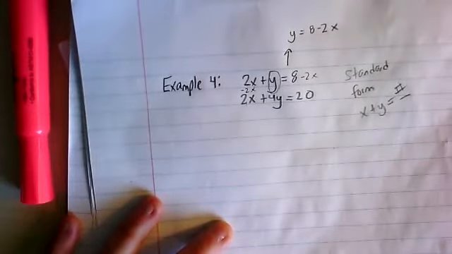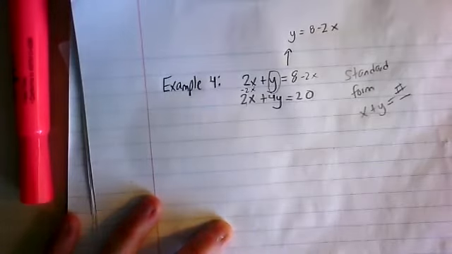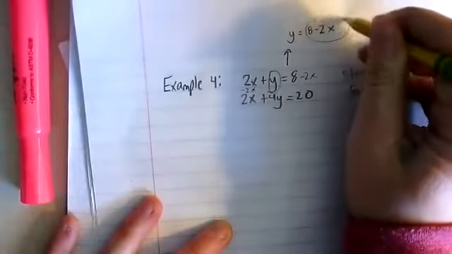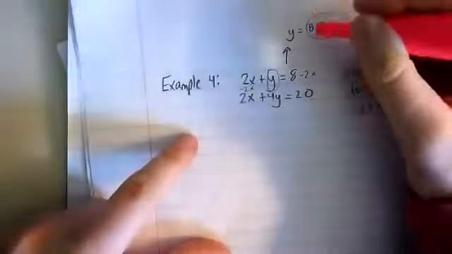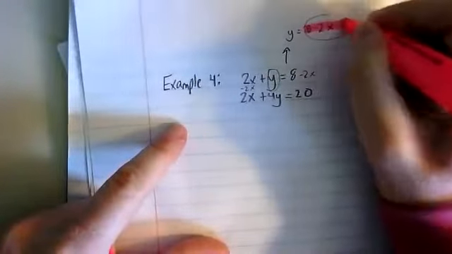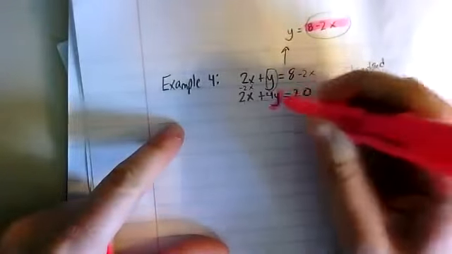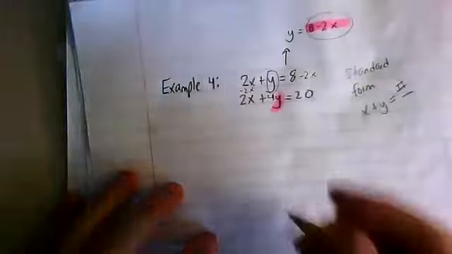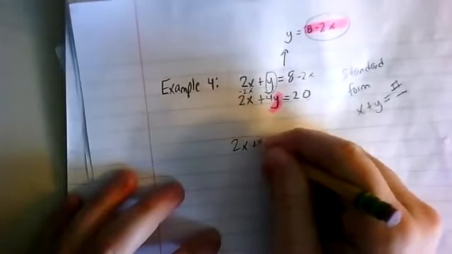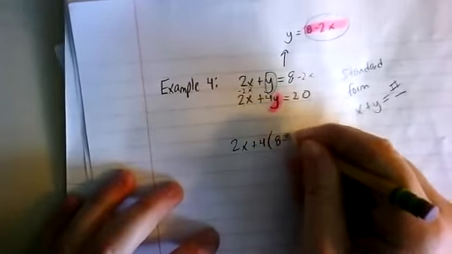And now it'd be really easy to solve, just like I did in the other example. I would take whatever y is equal to, so 8 minus 2x, and plug it in for y in the second equation. So I'd take what y is equal to, 8 minus 2x, and substitute it in for the y right here. So what this would look like is 2x plus 4 times 8 minus 2x.